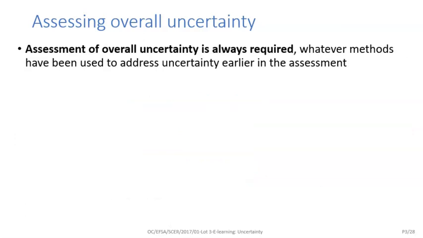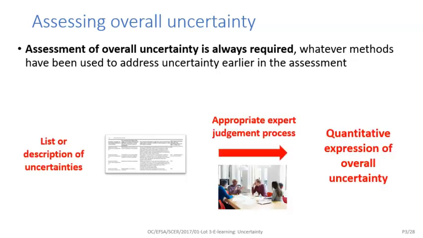It's important to emphasize that assessment of overall uncertainty is always required, whatever methods have been used to address uncertainty earlier in the assessment. In a basic uncertainty analysis, such as we discussed in the first presentation, the uncertainties are simply listed or described, and the overall uncertainty is assessed by expert judgment.